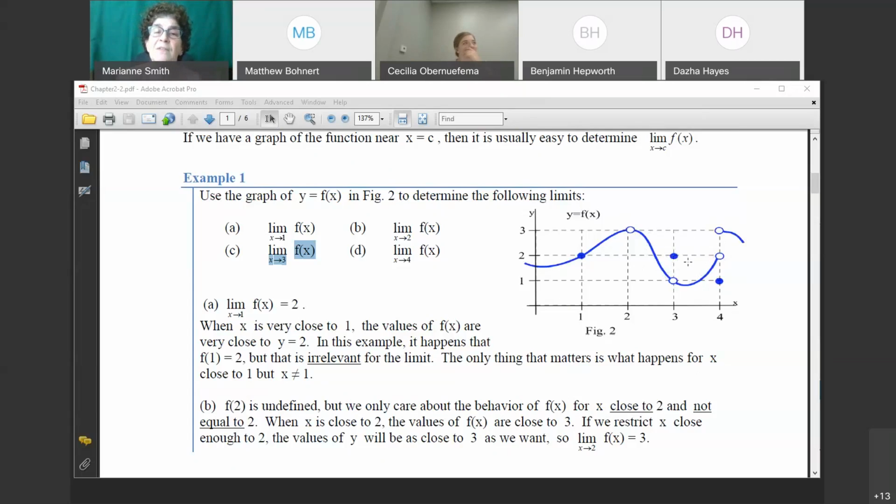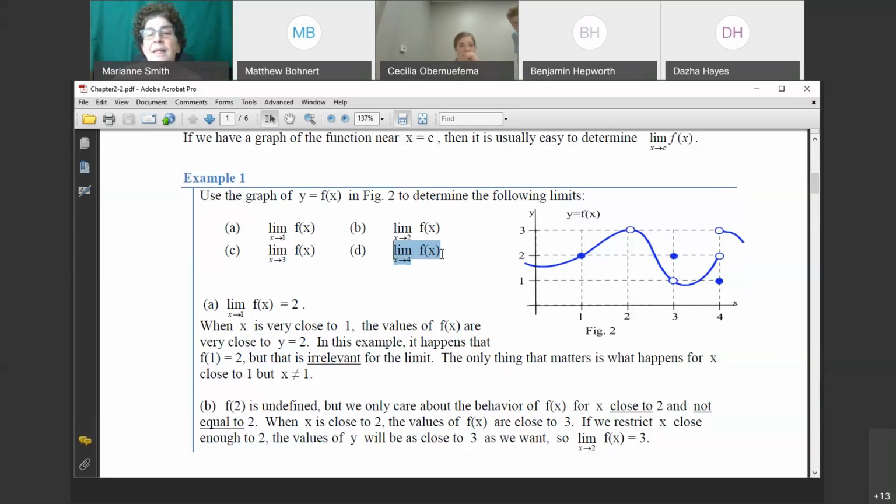We'll look at piecewise functions when we do a worksheet together, and I'll even show you how to graph with a restricted domain in Desmos, so hopefully we can do some graphing in Desmos to see that. So that's a good one. Here the function isn't undefined at 3, it just has a value that's not the same as the limit. Again, that's not important for finding a limit, but it will be for determining continuity.